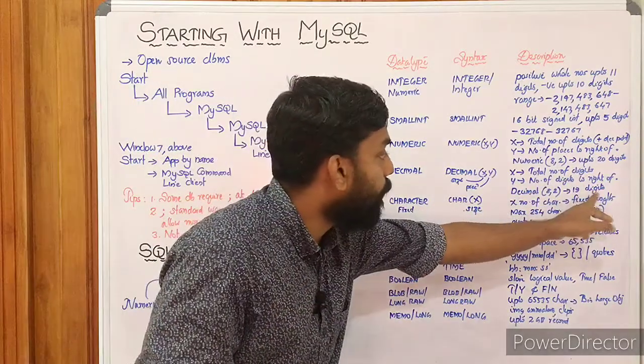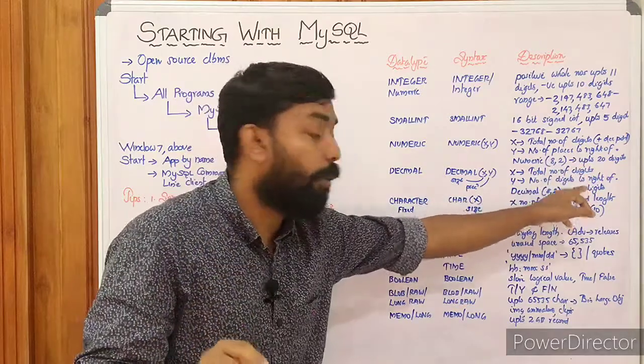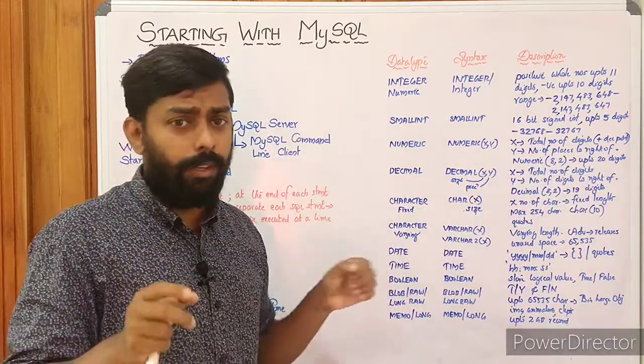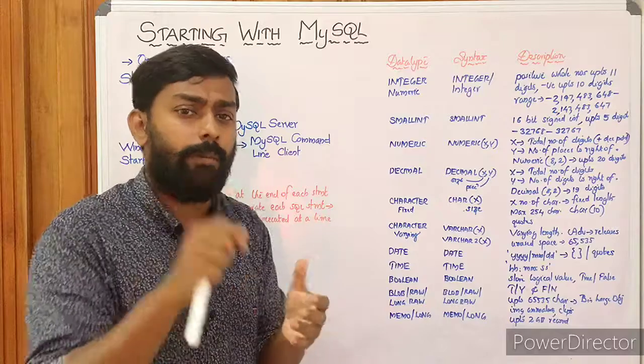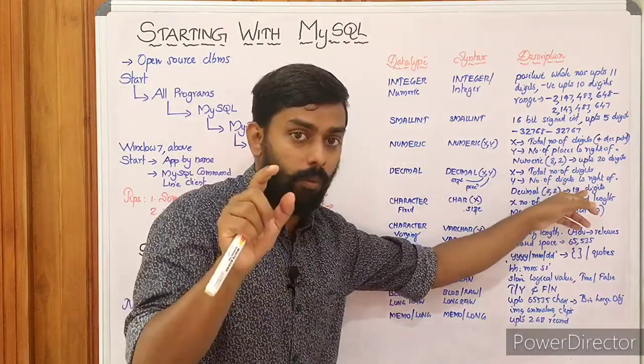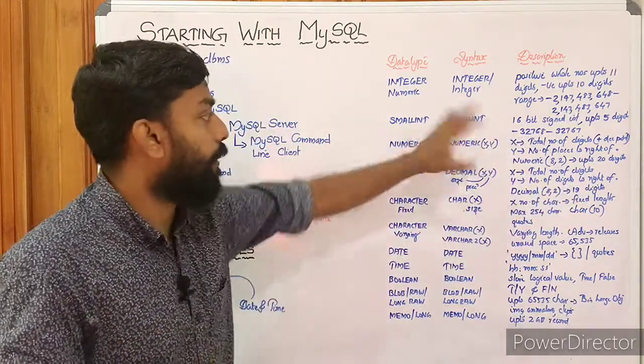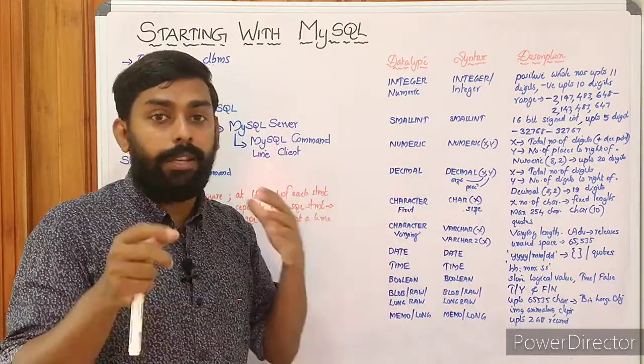Plus, decimal supports only 19 digits. Numeric supports 20 digits; here it supports 19 digits, and that 1 digit will be taken for the decimal point. So these are the differences between numeric x and y and decimal x and y.